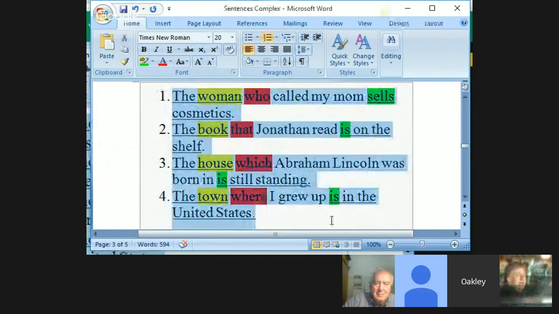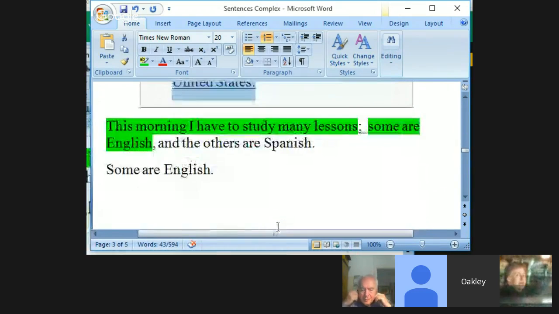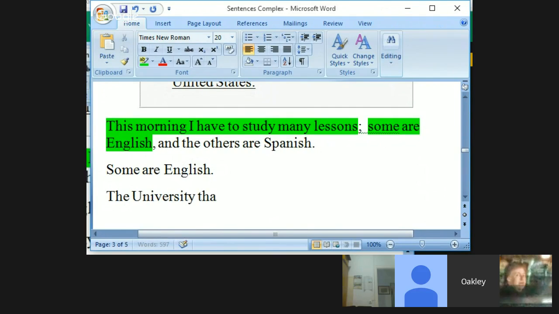What I'm trying to accomplish is to get you guys to form a sentence like these. Okay, the university that John is studying in, it is the best university in this country, maybe.